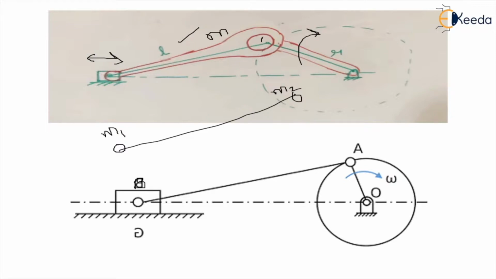First condition, the center of mass of both the systems coincide, so they remain the same. So this is the center of mass.